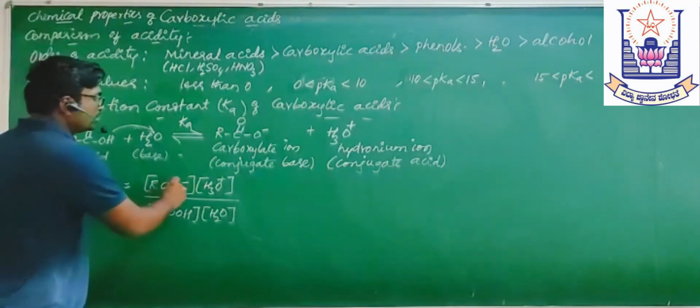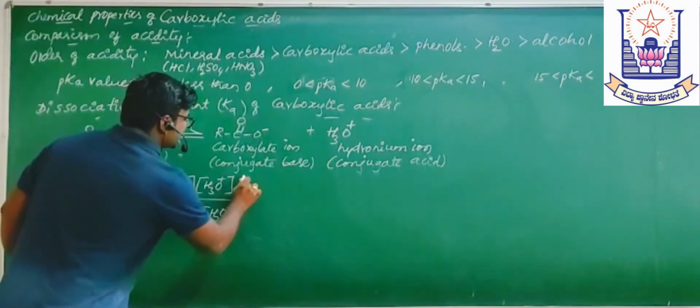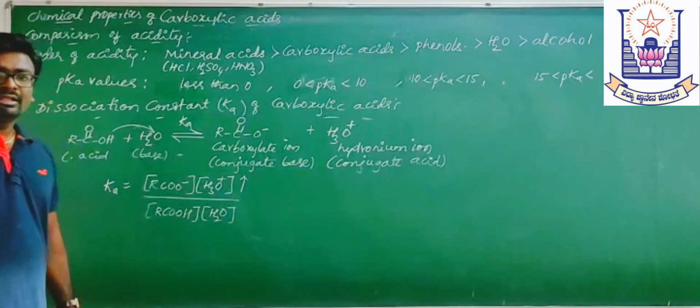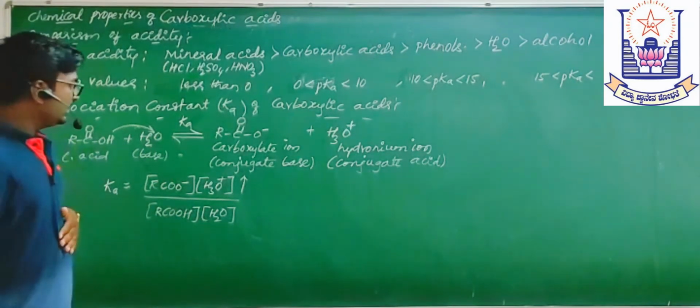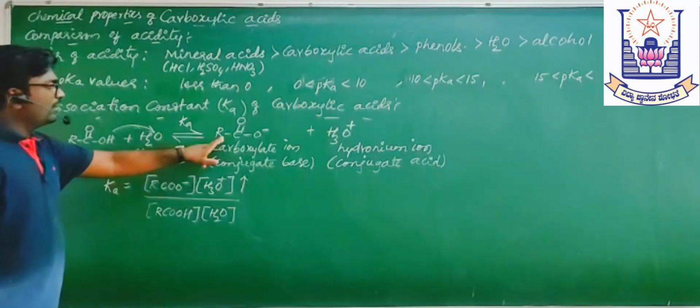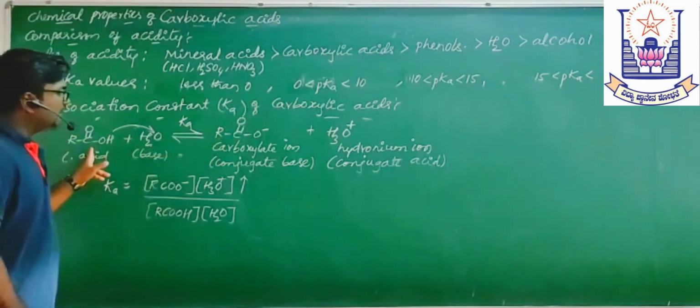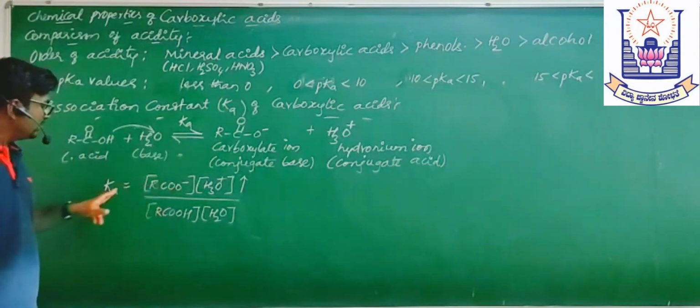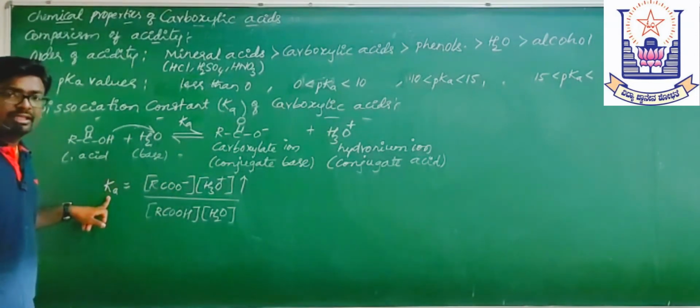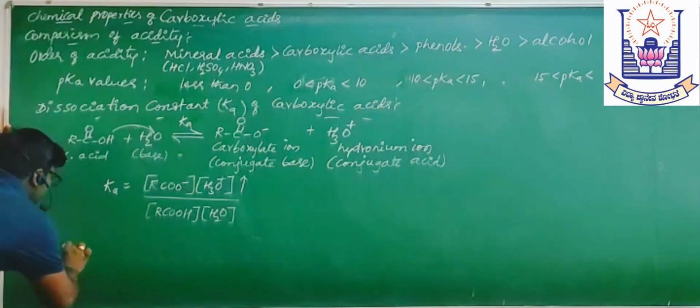This means the numerical value of the numerator increases. As more and more acid molecules become ions, this value will be more, then Ka will be more, which means acidity will be more.